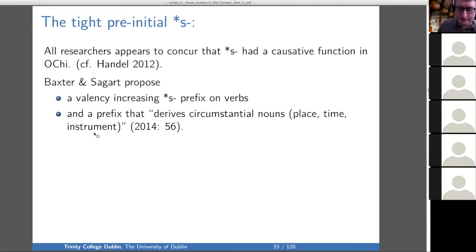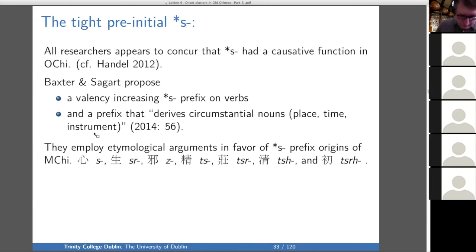And they also have a prefix that derives circumstantial nouns, so nouns of place, time, or instrument, from verbs using this S prefix.